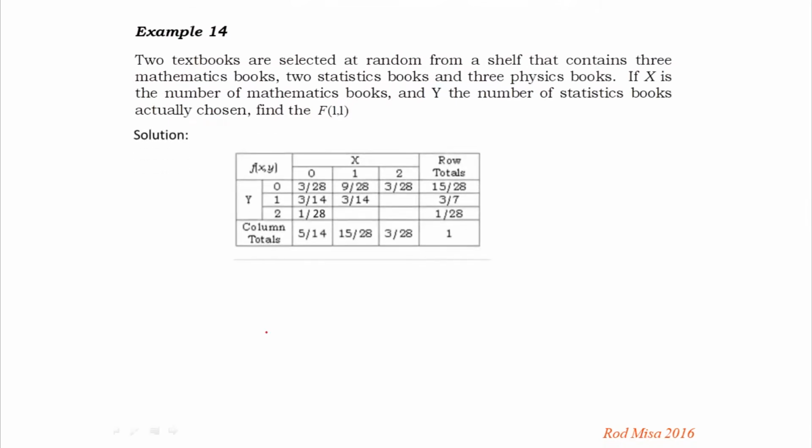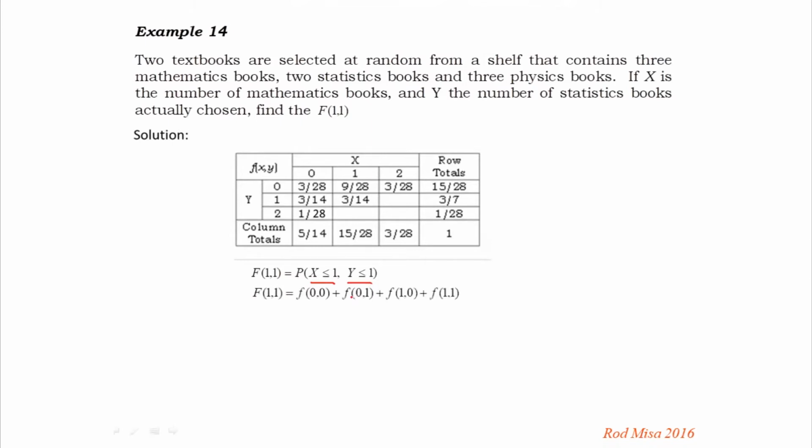So to solve this problem, let us show again this table of probability values. To solve for the big F of 1 and 1, we need the probability value of your random variable x whose value cannot be more than 1, and also your y whose value is not more than 1.